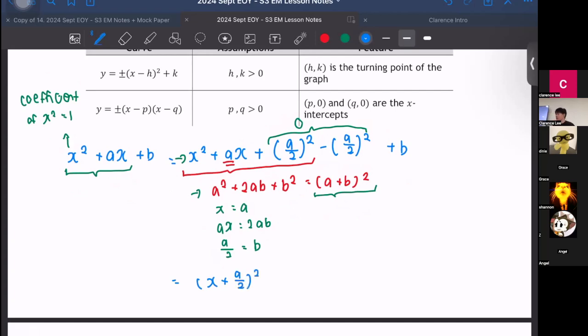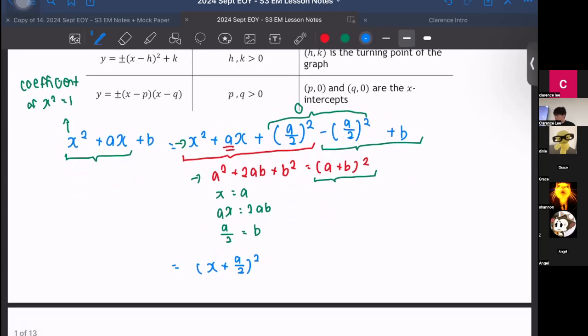This is for my complete the square portion. And of course, the remaining 2 terms at the back, you have to evaluate them, and get a squared over 4 plus b. So your first 3 terms, this is what we call complete the square, and we are making use of our special identity (a plus b) squared.